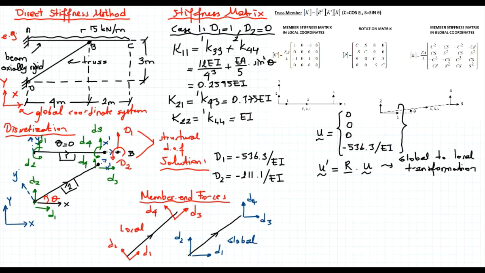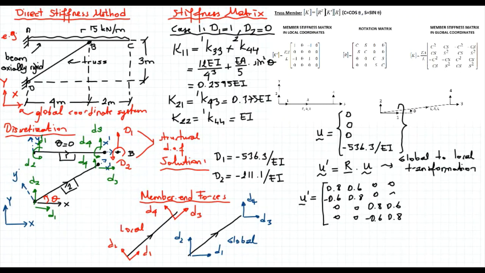So U prime will be equal to the rotation matrix: 0.8 cosine theta, 0.6, minus 0.6, 0.8, and I'll have the same coefficients here, and the rest is 0.